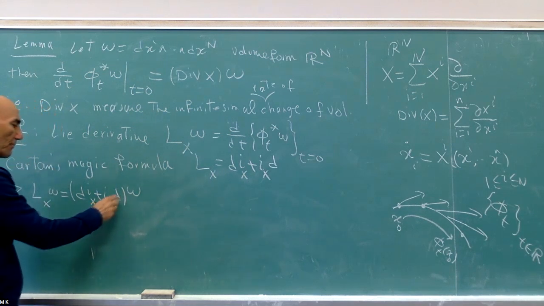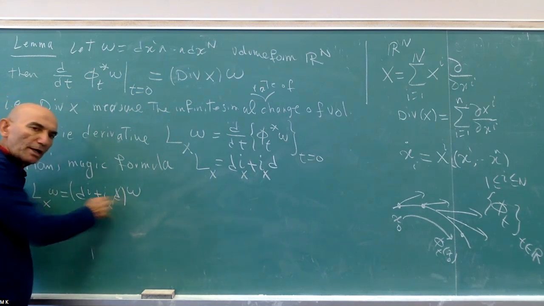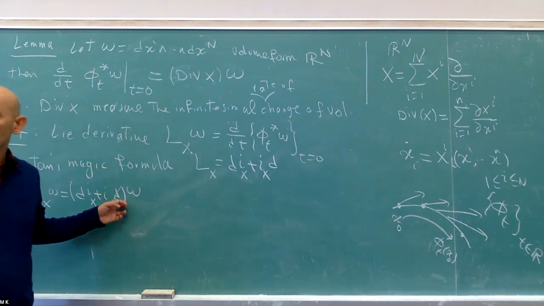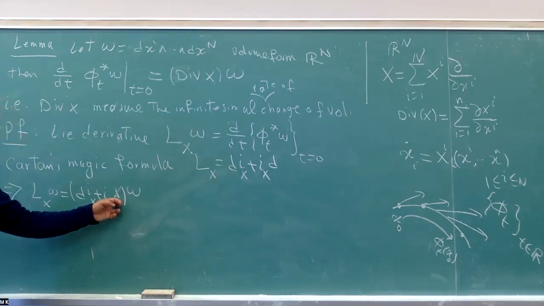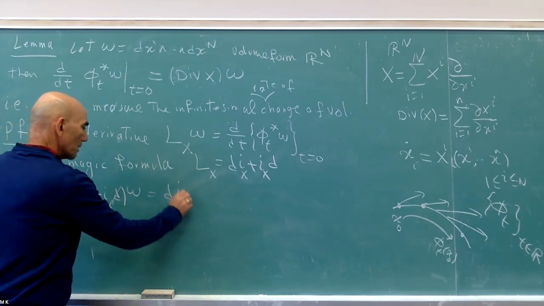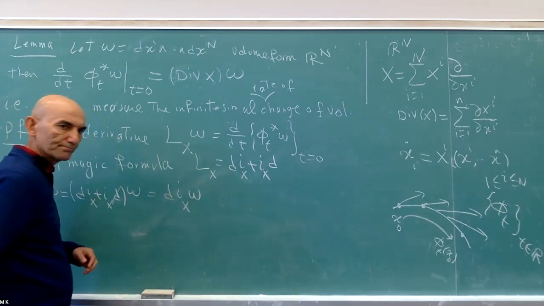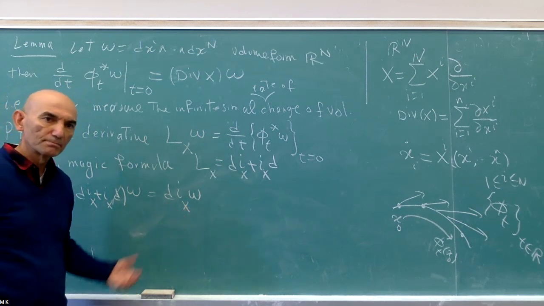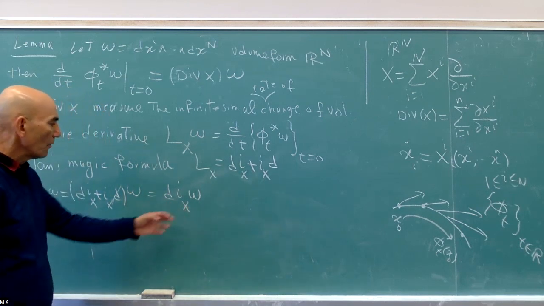Now, this part, of course, drops because omega is an N-form on N-dimensional space, so its differential is 0. So there is no term here, and what remains is only d i_X of omega. So we have to compute only this part. d i_X of omega. Now, what is that?